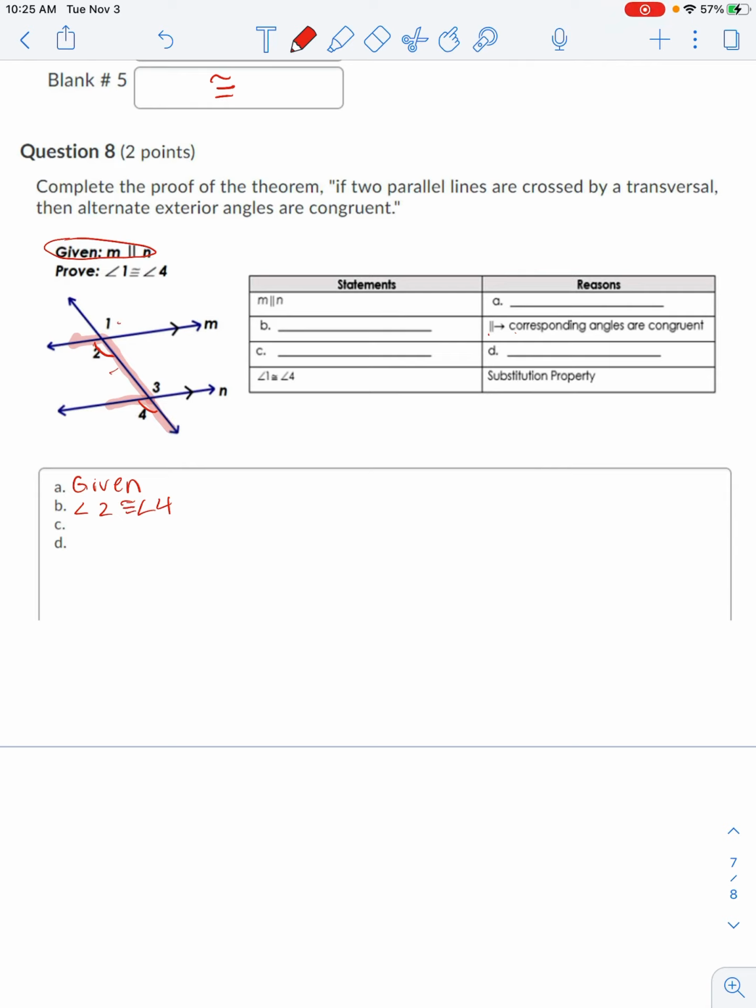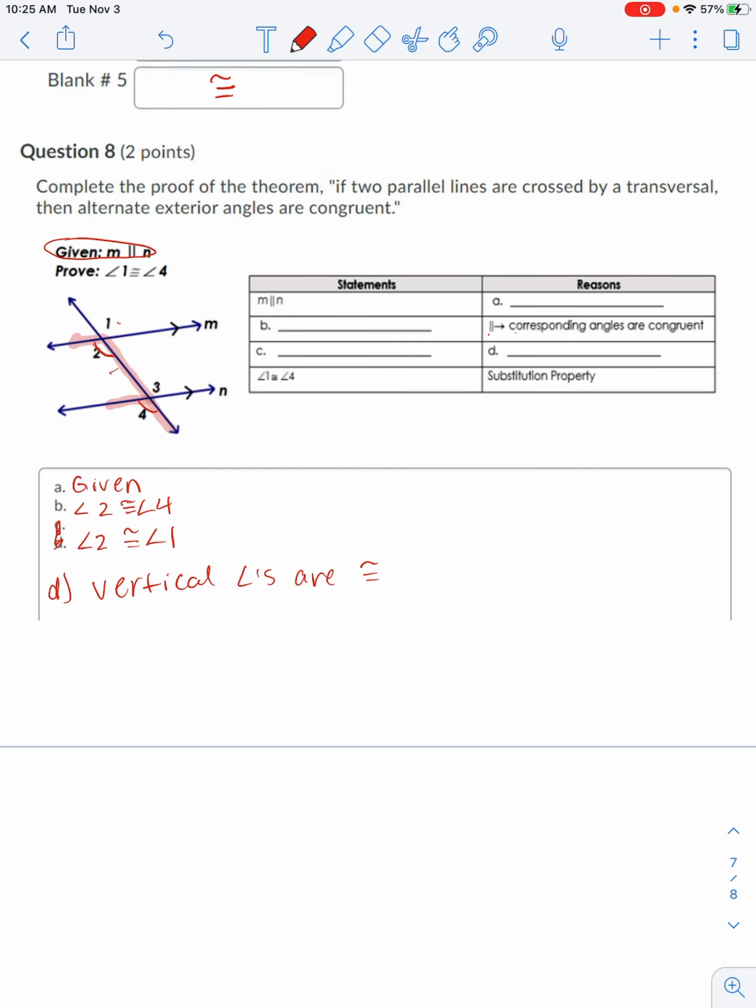And yes, there is. We know that angle 2 is congruent to angle 1, that's C, and then D down here is because they are vertical angles. So vertical angles are congruent.